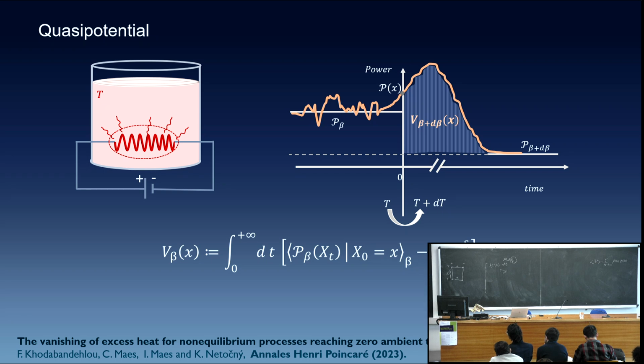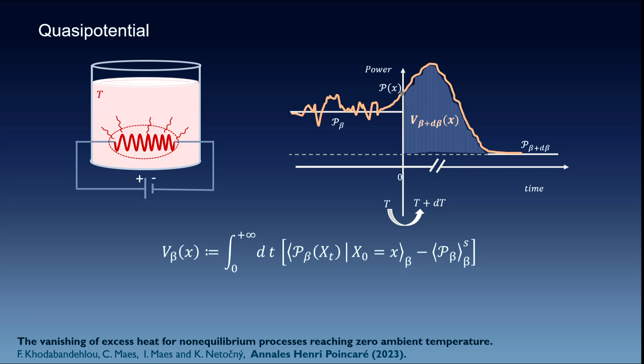I hope you get familiar with this kind of notation, but if not, don't worry about that. It's just taking the average over all of the possible trajectories: if you start from x, we take the average of all possible trajectories, and we are interested in the long time behavior. Okay? But everything is happening in the quasi-static limit.